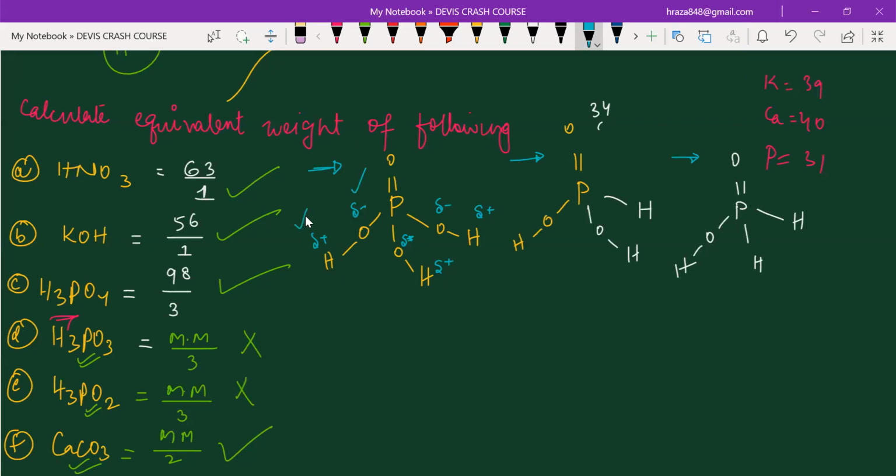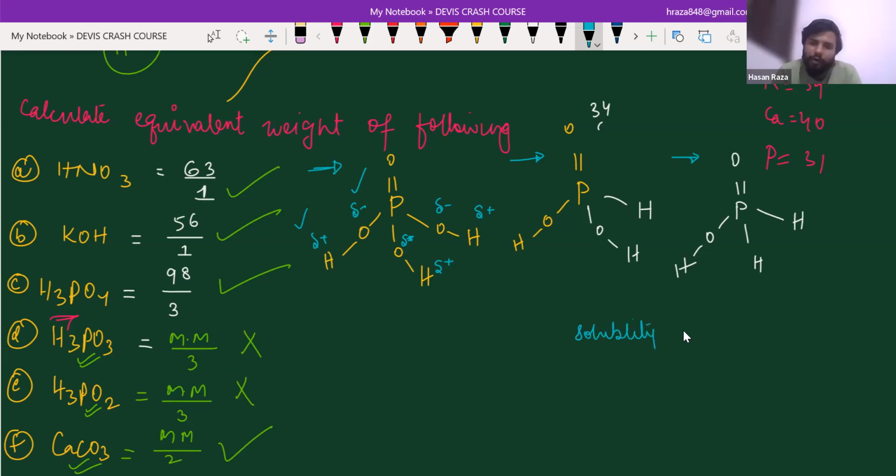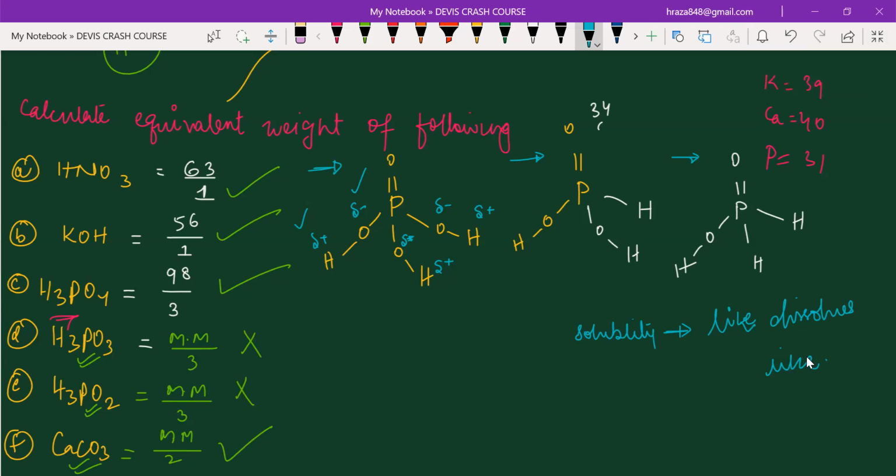Do you know what is the criteria for solubility? It is the basic principle: like dissolves like. That means a dipole solute or a polar solute will be soluble in a polar solvent. Are you getting my point?